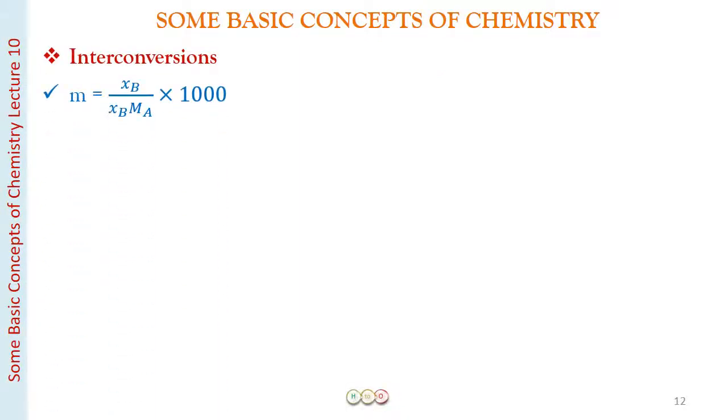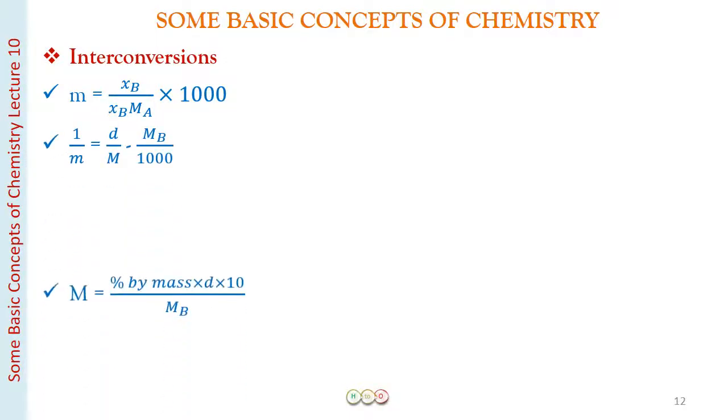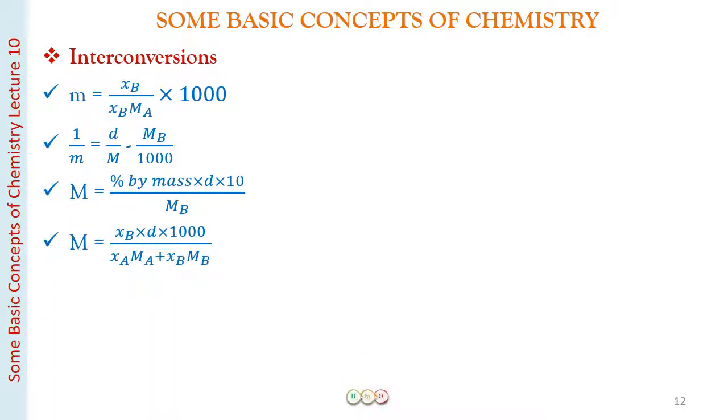And now I have a few interconversion formulas for you. These are going to be helpful when you are given certain quantities. For example, if you are given the mole fraction and you have to find the molarity, rather than going through long procedures, you will realize while doing the numericals that if you are given the mole fraction and you have to find the molality, this formula would help you save time.